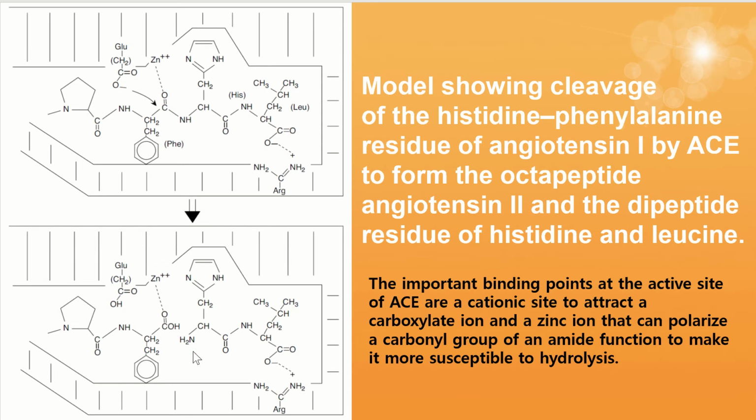Anyway, so it's very important that we show or demonstrate the different binding points to show how it facilitates this hydrolysis. So the important binding points at the active site of ACE are a cationic site to attract a carboxylate ion.